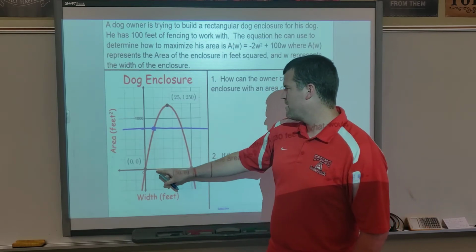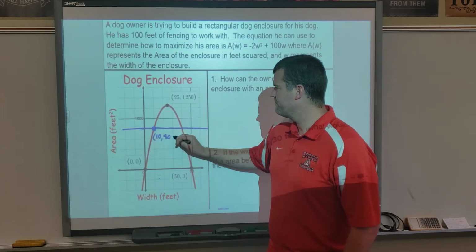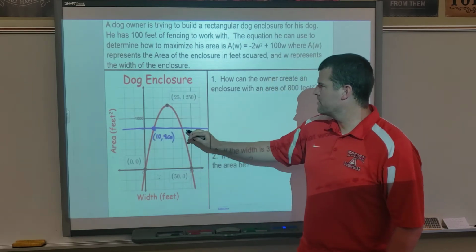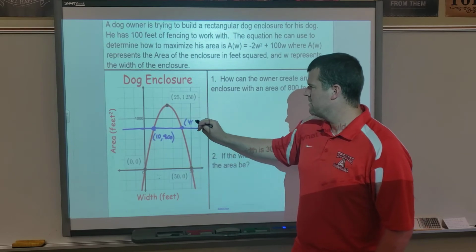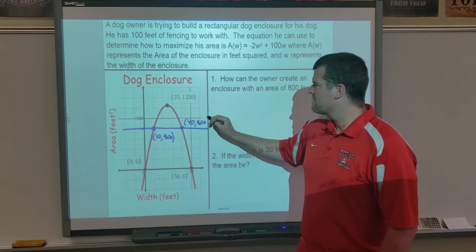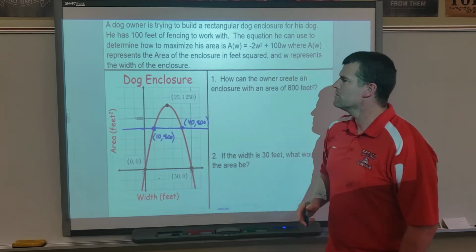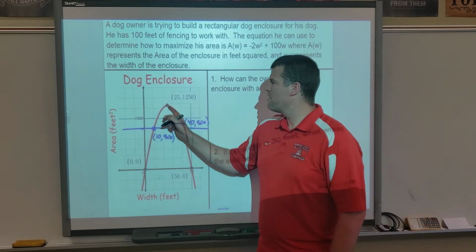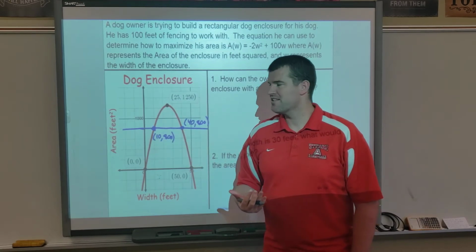So this one, it actually hits nicely on a corner. This is the ordered pair 10, 800. And then this second one is at 40, 800. So the first thing that hopefully you notice is there's not one answer to this. There's actually two. Because as the parabola is going up, we find one location where we can get an area of 800 feet squared.